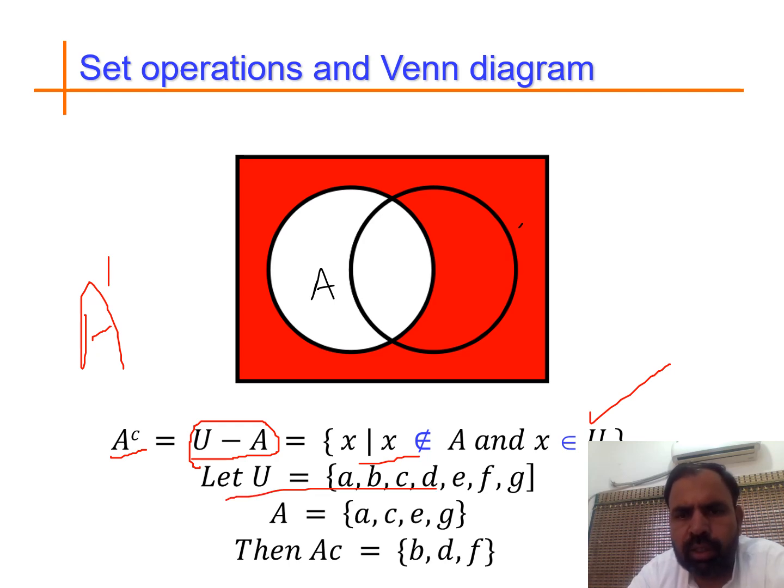If the universal set is A, B, C, D, E, F and A is this, then A^C, you can write this C not here but in superscript, as in power. So A^C is U minus A. So B, D and F, which are not in A, these are the elements in the complement. So be careful about this. It can be written as A dash.